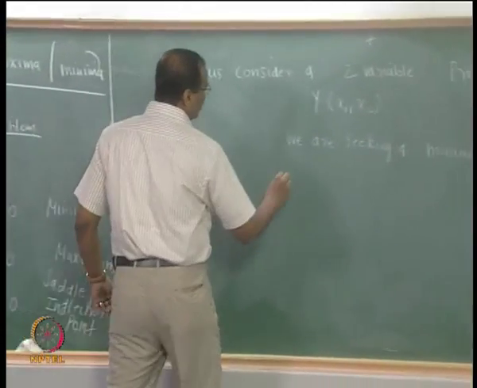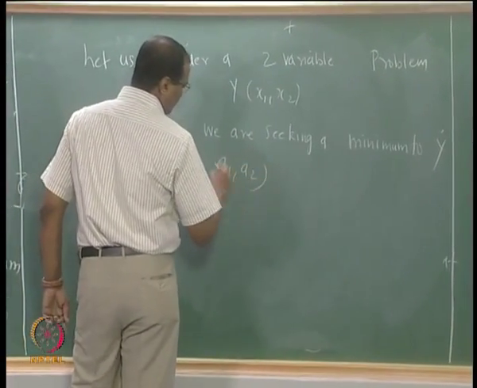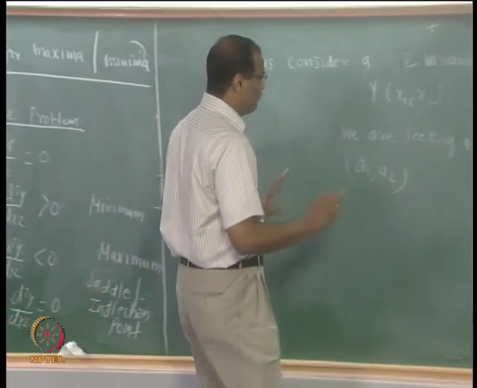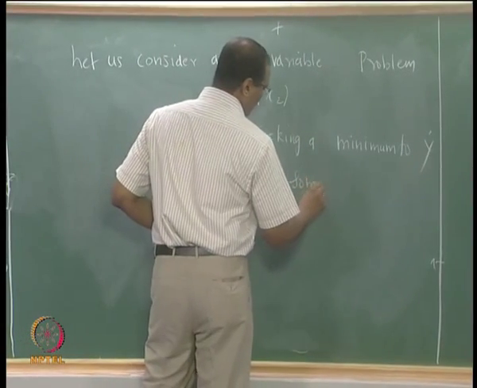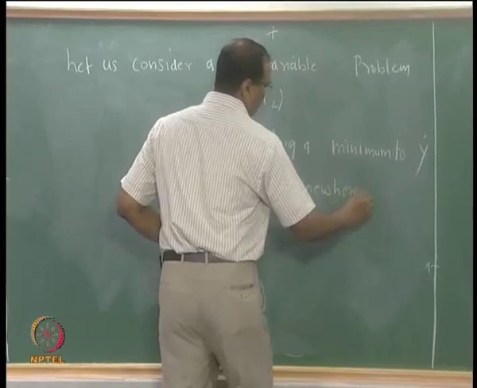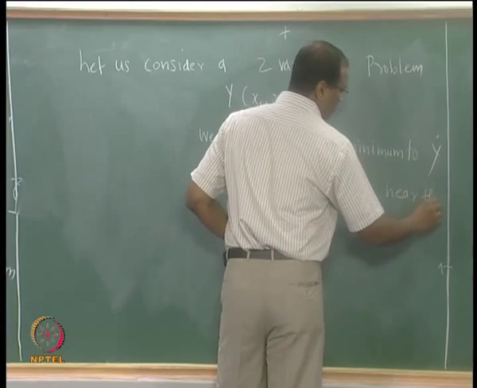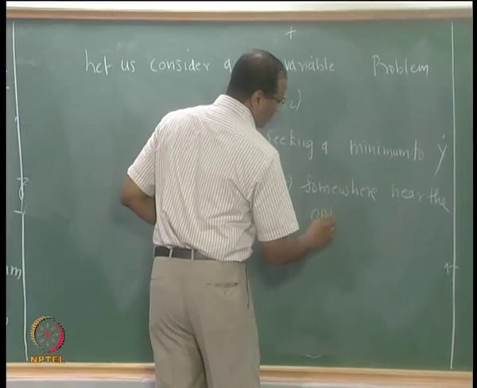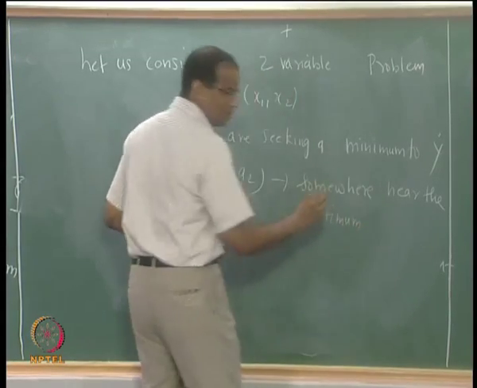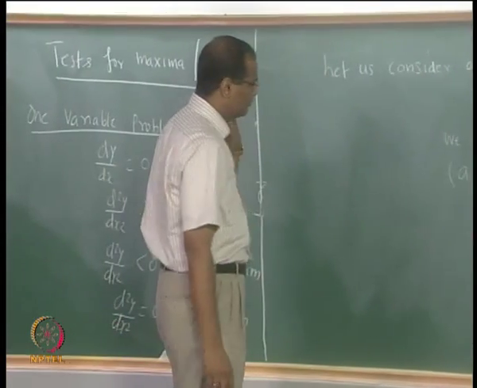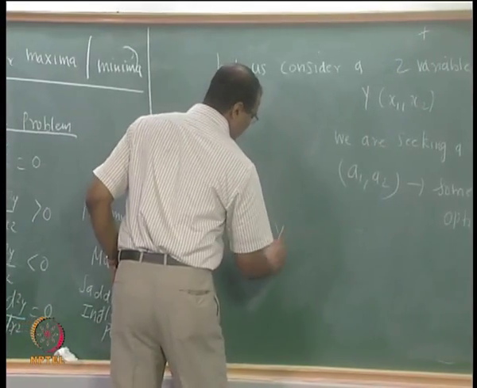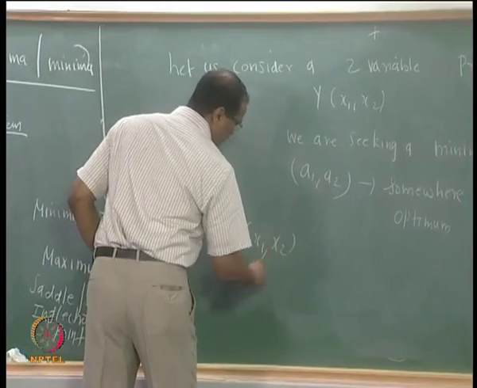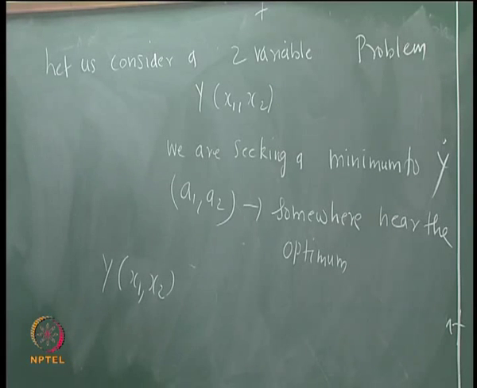Let us say that a1 a2 is a point somewhere near the optimum, or is the optimum itself, but we want to test, right. Can you expand y around a1 a2 using Taylor series? It is possible for us, you can expand y of x1 x2 around a1 a2 using a Taylor series.